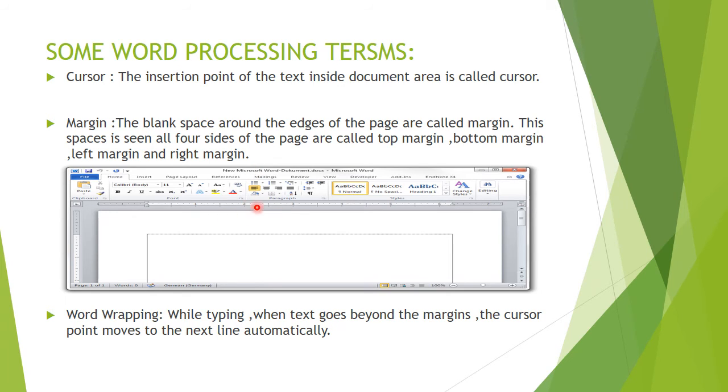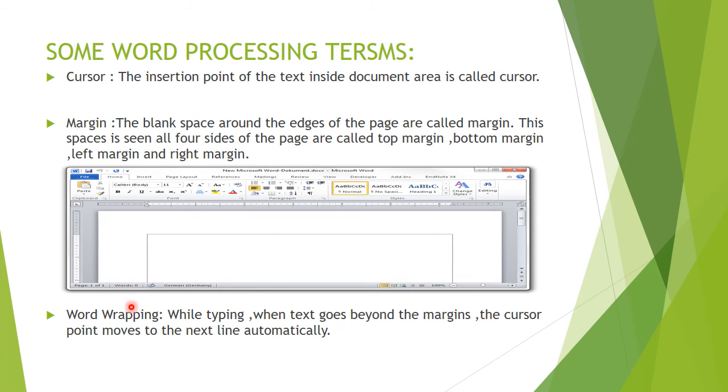For example, in this image of the Word document, the area above the line is known as the top margin, and the line on the left hand side is the left margin. Same way on the right hand side. So it is the area in which we cannot write, the gap between the printed page and the text space. Hope everyone is clear about the margin.